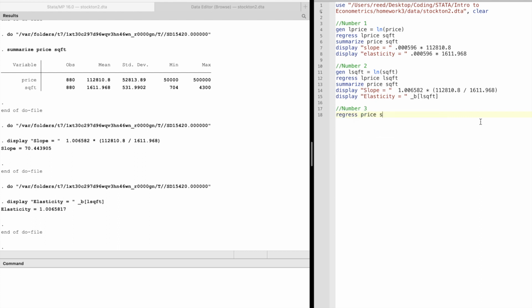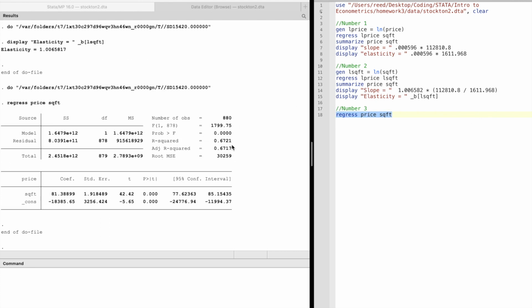So we can just regress price on square feet, and then here we get the r-squared right in our regression output. It's 0.6721. Now this is telling us the amount of variation in price that is explained by square feet. That's explained by a model. So if we have a higher r-squared measure, then we'd say our model is better. It better explains the variation.